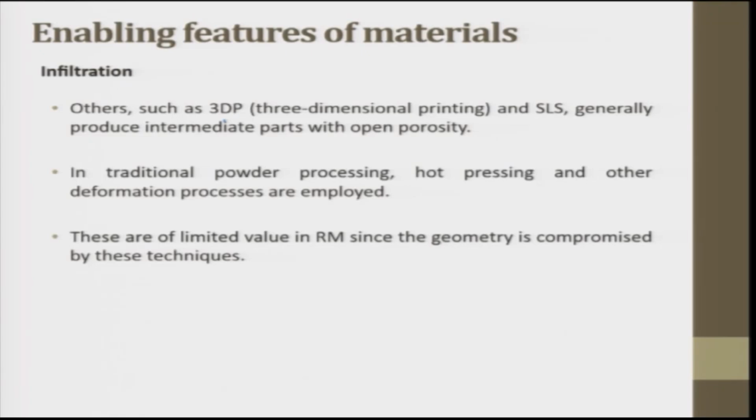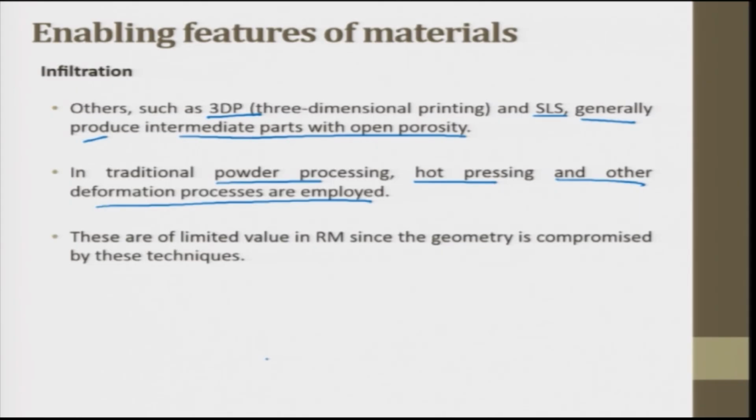Infiltration, others such as 3D printing and SLS generally produce intermediate parts with open porosity. In traditional powder processing, hot pressing and other deformation processes are employed. These are of limited value in rapid manufacturing since the geometry is compromised by these techniques.